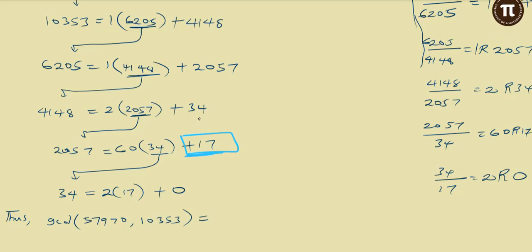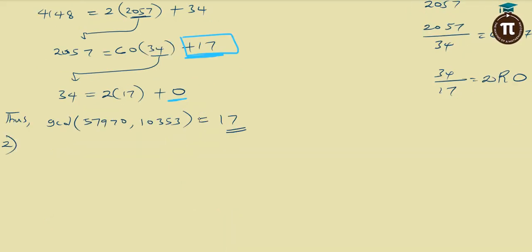The last remainder is 0, so the remainder before 0 is the answer. So the GCD of 57970 and 10353 is equal to 17. That is the greatest common divisor. That is how to find it. Now let's go to the second question, number 2.